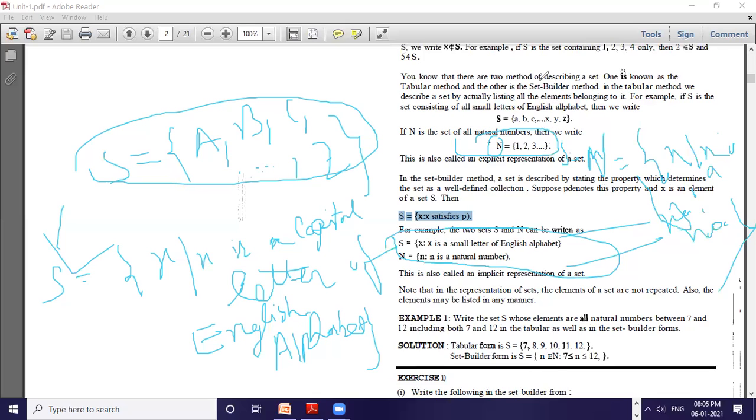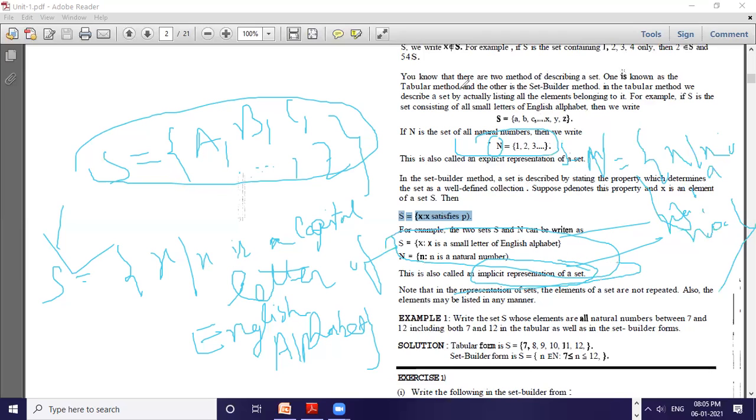See, in the case of our set builder method, we are actually implicitly trying to represent that set. So this set builder method we will call an implicit representation of a set also.